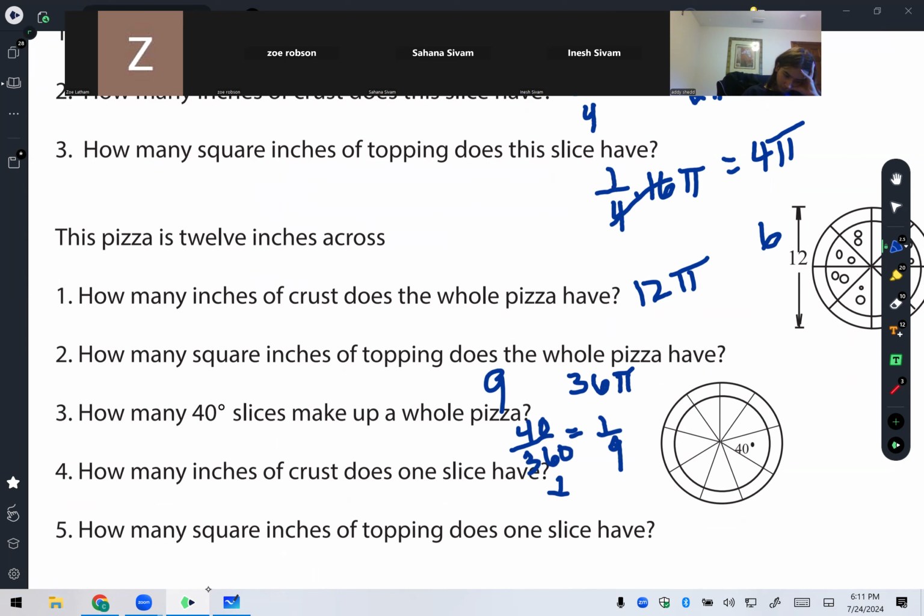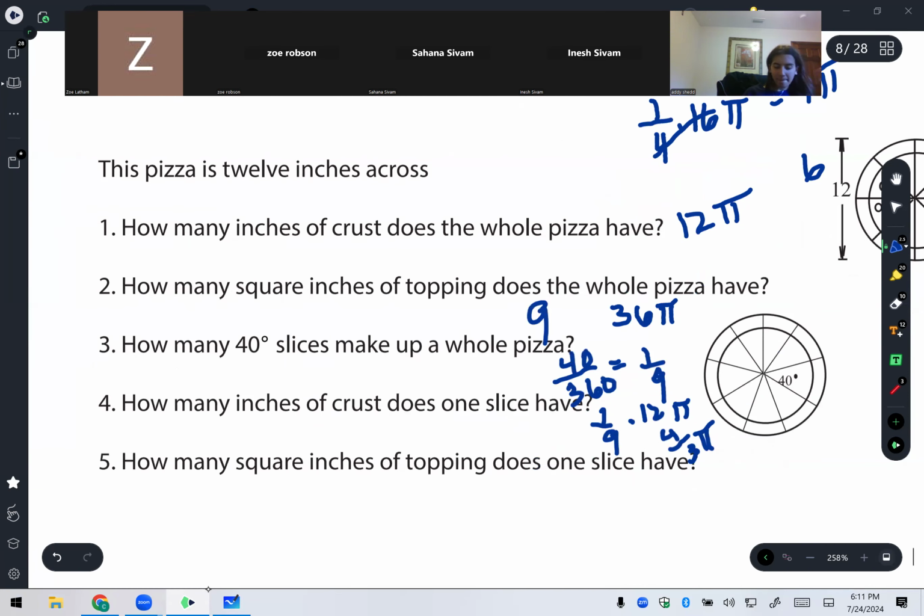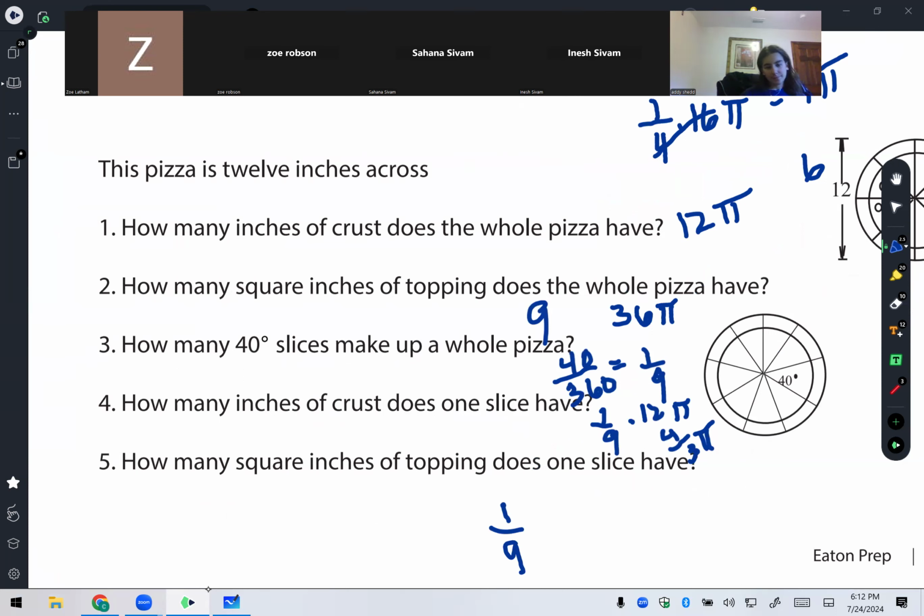So 1/9 of 12 pi, and they would just reduce it. When we divide by 3, that's 4/3 pi. And then the square inches of topping would be 1/9 of 36 pi, which would be 4 pi. Okay. That was just because I know it's been a while.